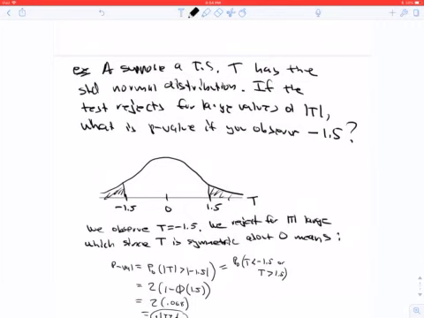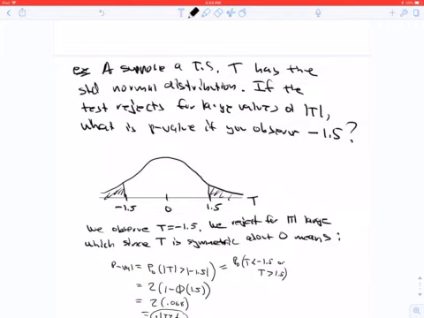Suppose that the test statistic has the standard normal distribution. If the test rejects for large values of the absolute value of t, what's the p-value if you observe minus 1.5? I've drawn the distribution for t. It's standard normal. If t is minus 1.5, then the absolute value of t is 1.5.